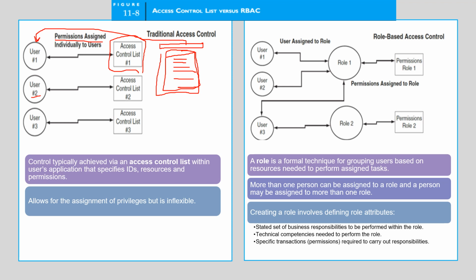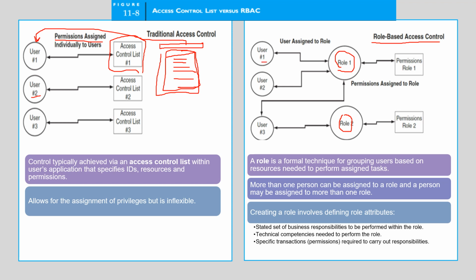whereby on the right side of the slide you see the role-based access control. Here we have roles, role 1, role 2, and role 3, and so on. So then we connect the users to these roles. So let's say role 1 is about updating or checking the credit limit.